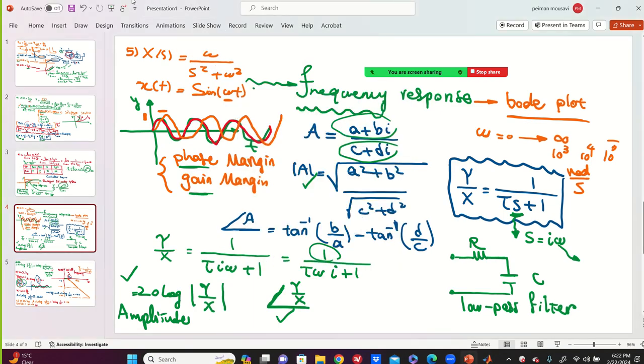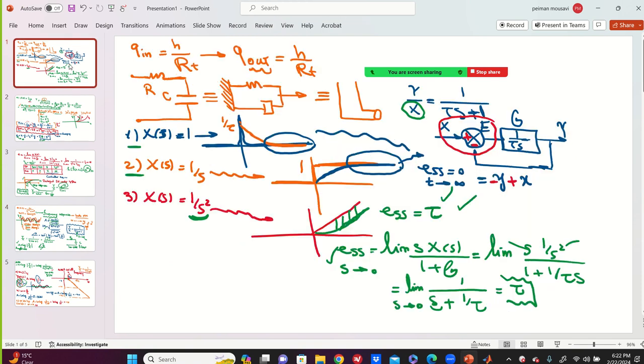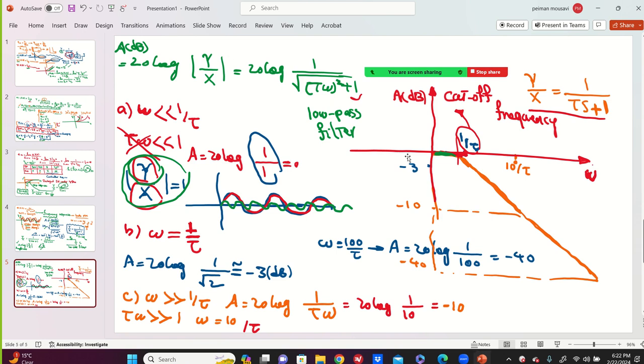So you see, guys, that stable RC circuit, spring and damper, tank of water with a stable pole at the left-hand side, when you have a harmonic input, they are low pass filters. When you go to industry, they're going to say, okay, we need a low pass filter. We're going to remove the high frequency response from the system, simply like that. We want to keep only the low frequency response in the system.